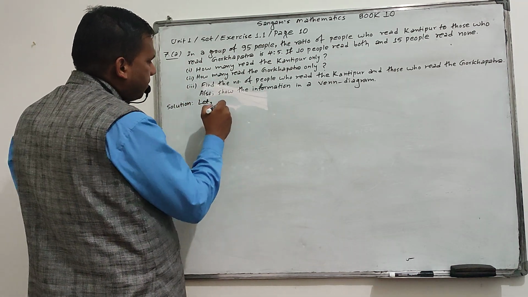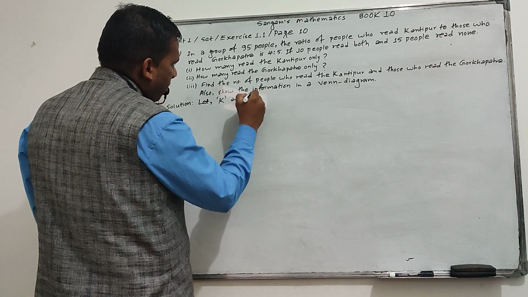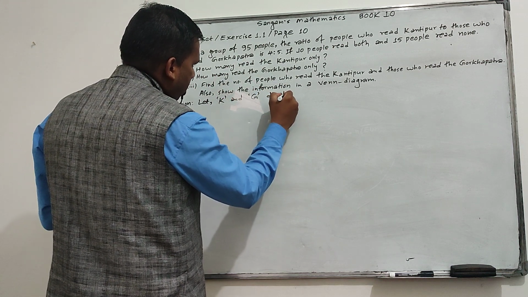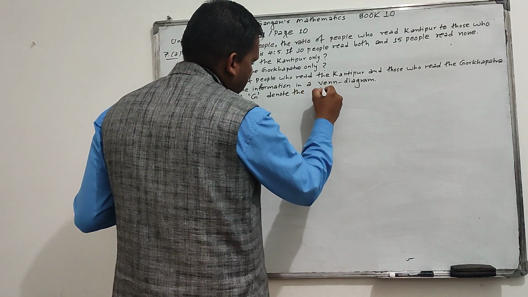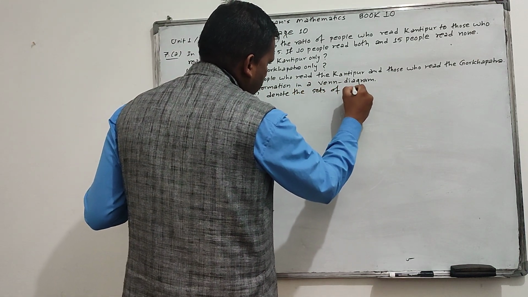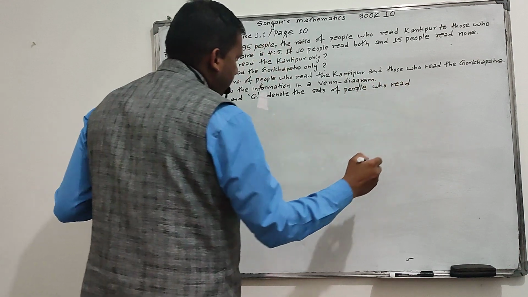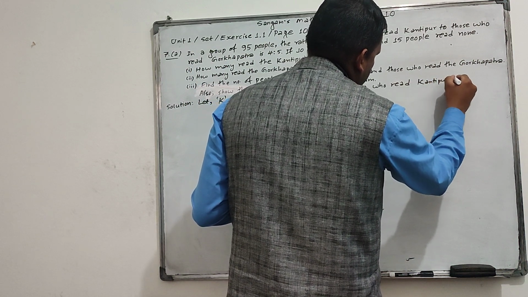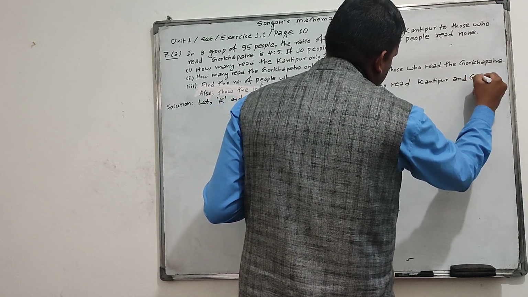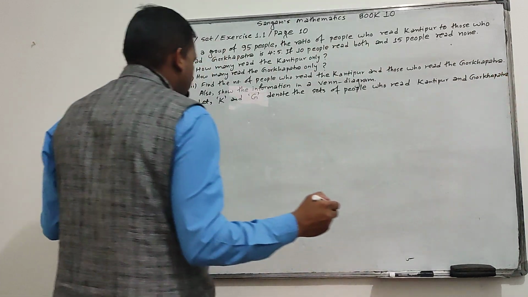Let K and G denote the sets of people who read Kantipur and Gorkhapatra respectively.